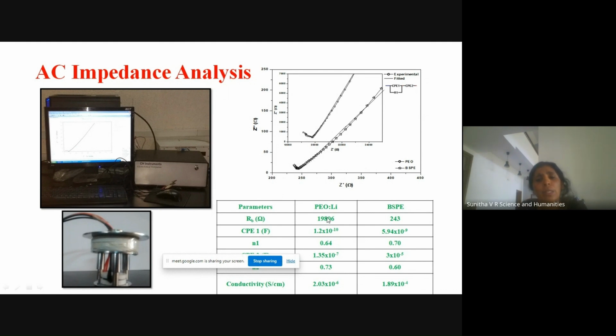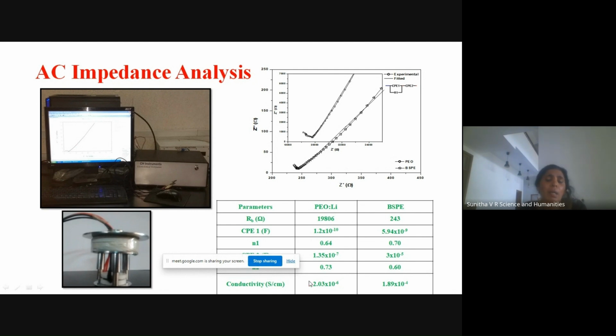For a pure system, around 19,000 ohms. Whereas for a system which is blended with the polymer, the bulk resistance reduces drastically. And similarly, the constant phase elements are also drastically reduced.